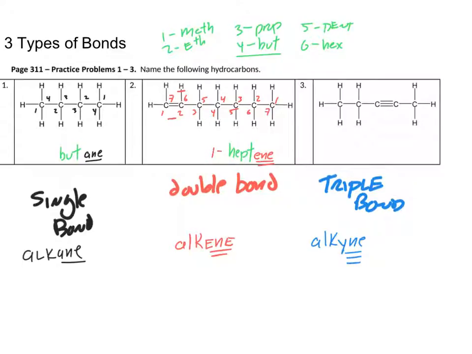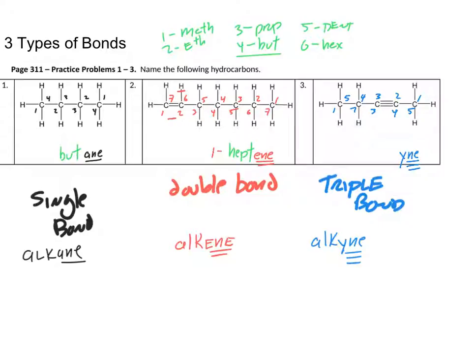Okay. And then the third type of compound that we're going to talk about is the triple bond. It's an alkyne. So I'm going to tell the world it's a triple bond by putting the yne ending. That tells me that it's a triple bond. I'm going to number my carbons 1, 2, 3, 4, 5, or 1, 2, 3, 4, 5.